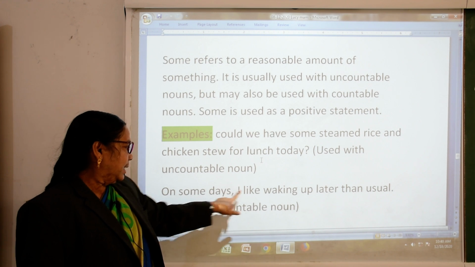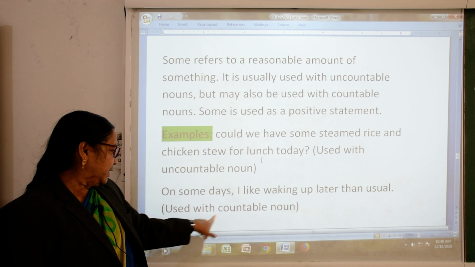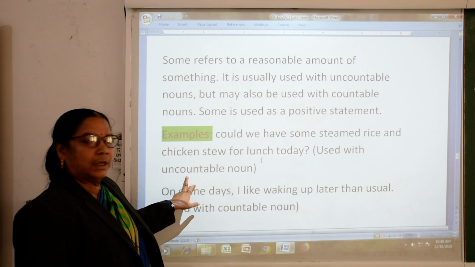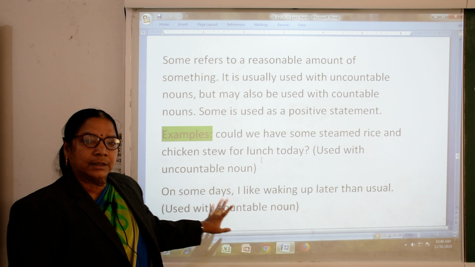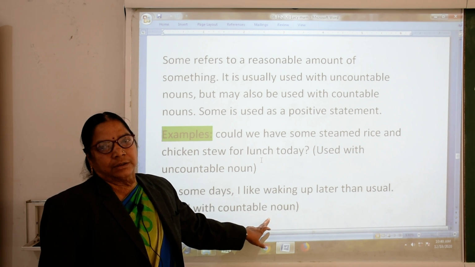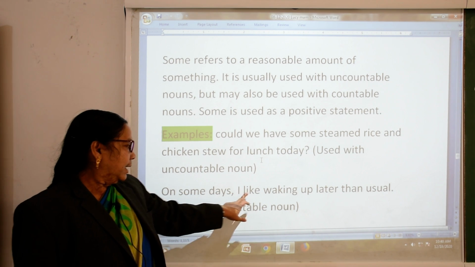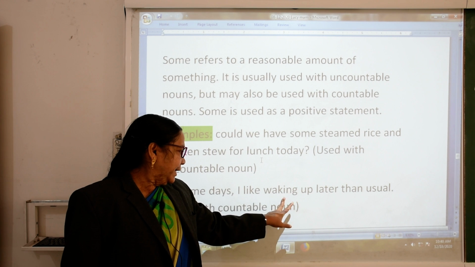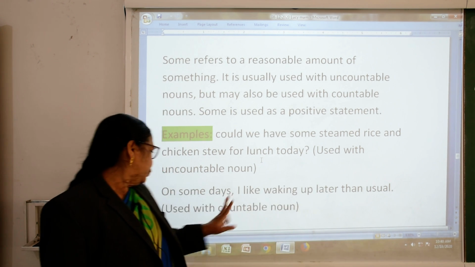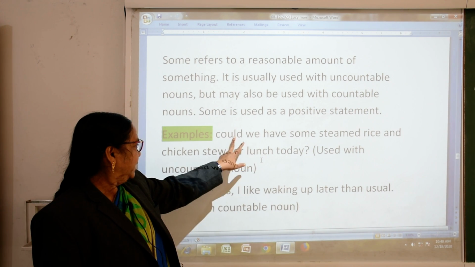On some days I like walking later than usual. Used with countable. See, it can be used with uncountable also, and in very rare cases it is used with countable nouns.